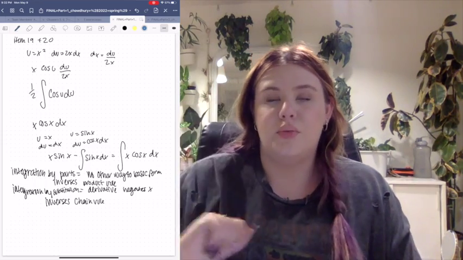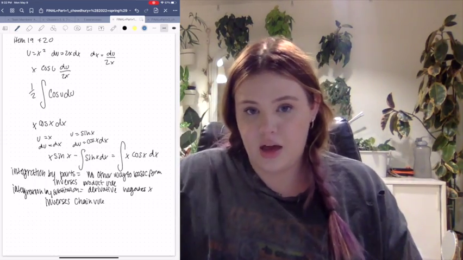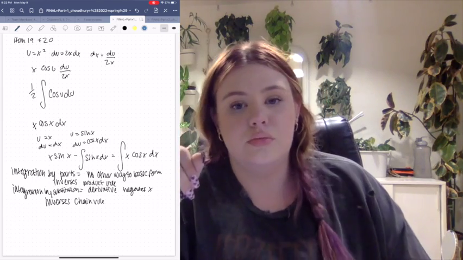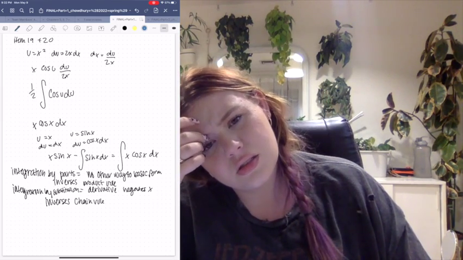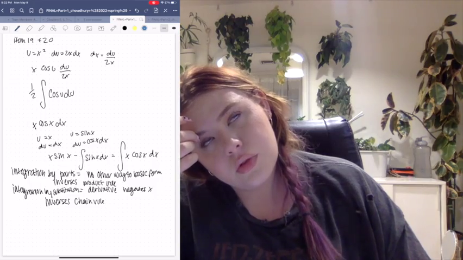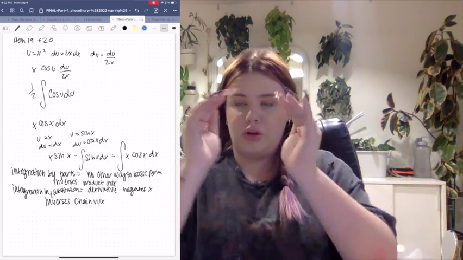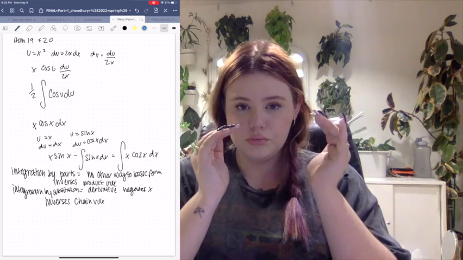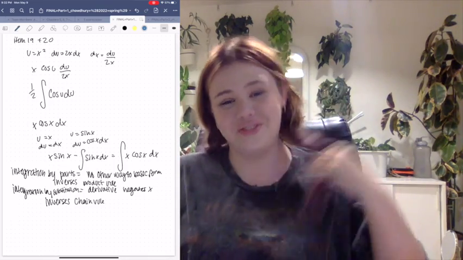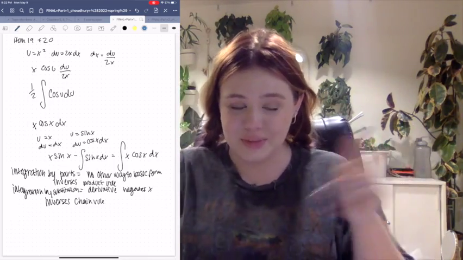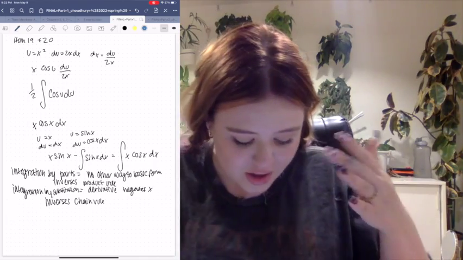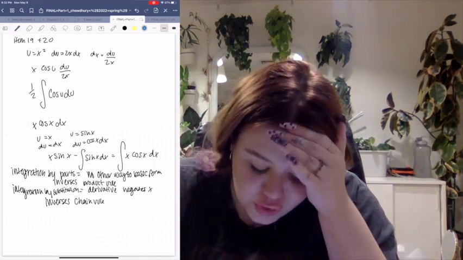So you know how in the product rule, you multiply one by the other. I don't know how to explain this in words. In the product rule, you're taking everything multiplied by itself, and that's why it's called product, because multiplying something by something equals product. And you're just reversing that.